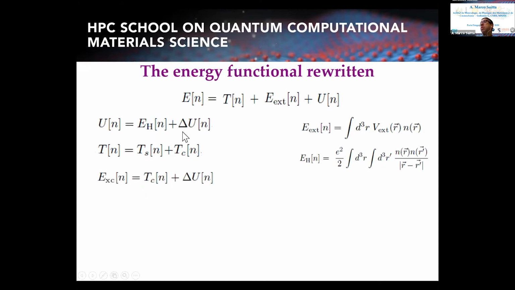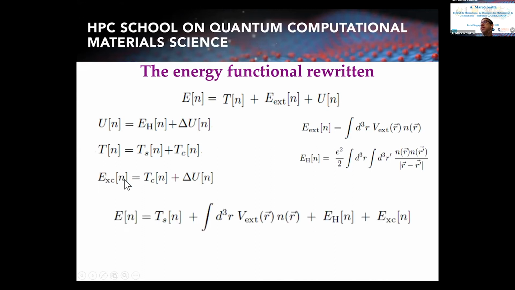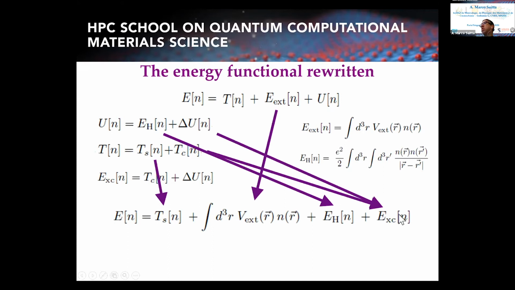And then we put these two unknown terms inside this exchange correlation functional, and then we finally get our full energy functional like this: the non-interacting kinetic energy, the external part here, the Hartree term here, and then the two terms we don't know about in the exchange correlation.